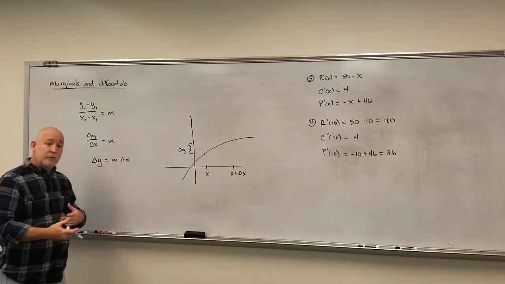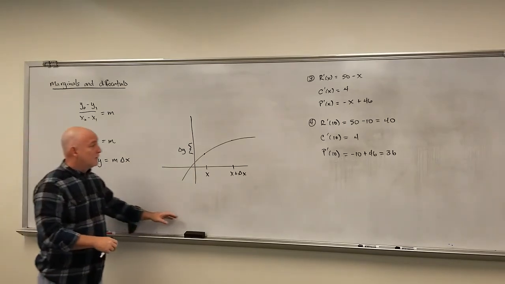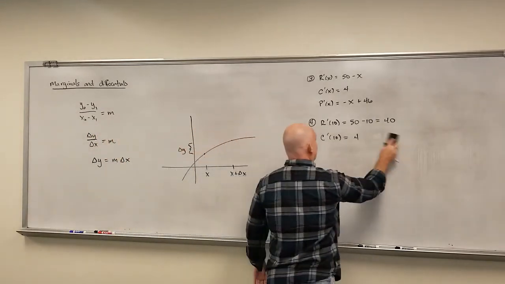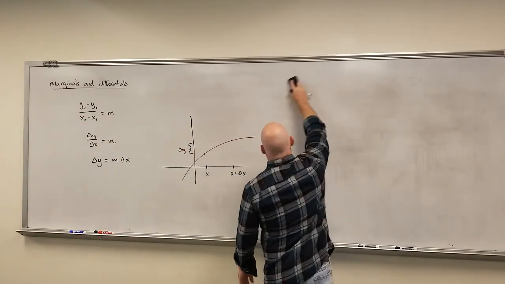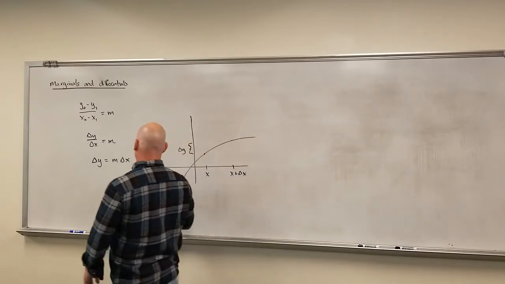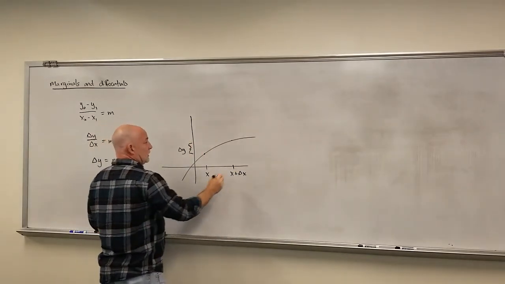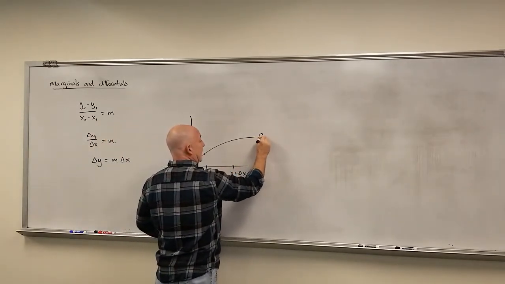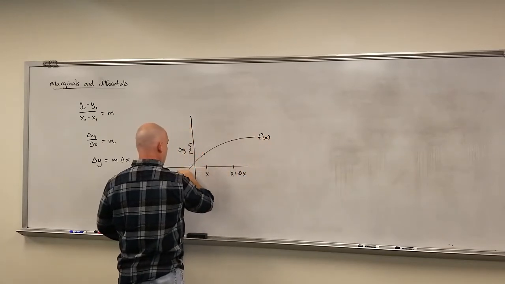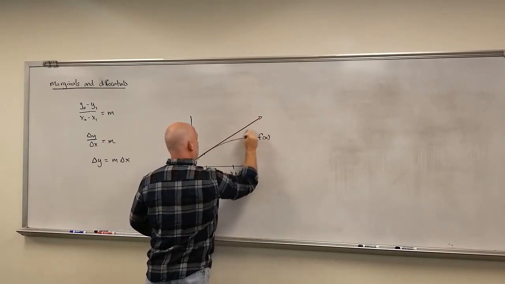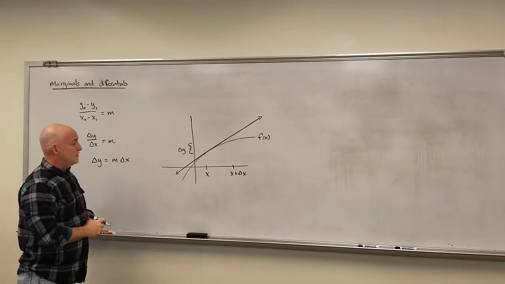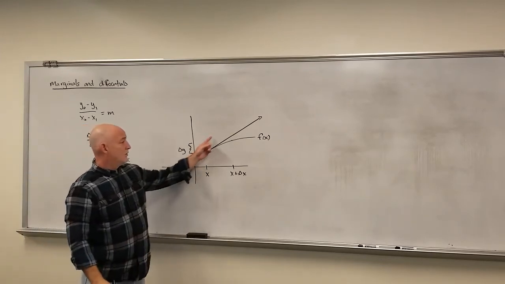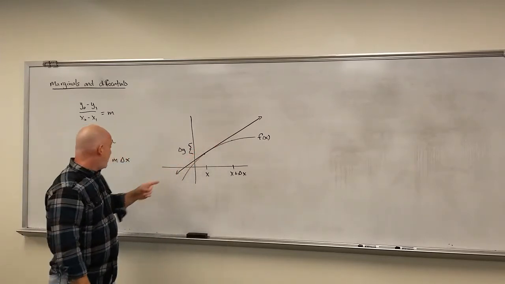Well, if we were to put this in terms of our calculus stuff that we've done, and like I said, it's going to look a heck of a lot like our last picture. If this is our function f, and that's the slope of the tangent line here, then the slope of this line right here is f prime of x.